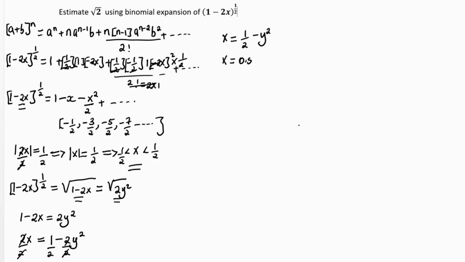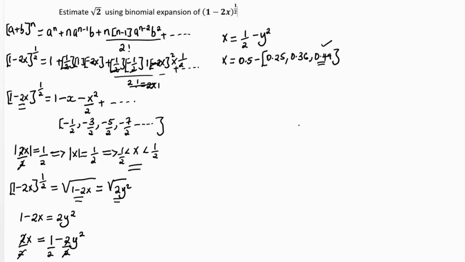So we can write x equals 0.5 minus y squared. For all possible values of y squared, we can have the first one to be 0.25, 0.36, and 0.49. But we are saying the most accurate is the one which will make the value of x close to 0.